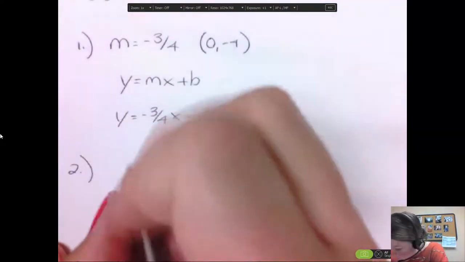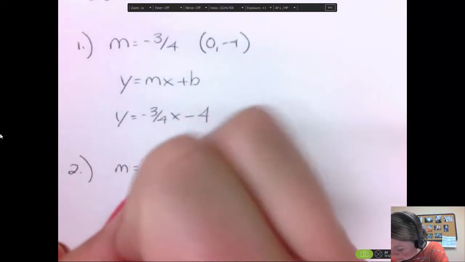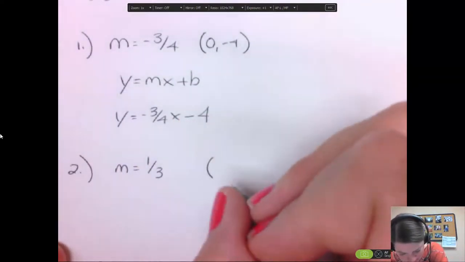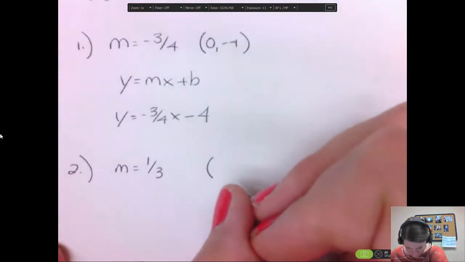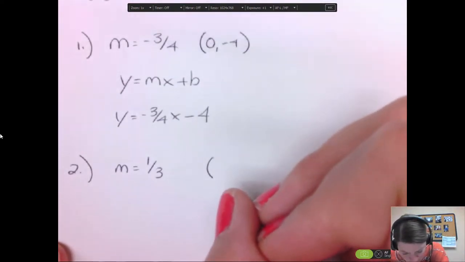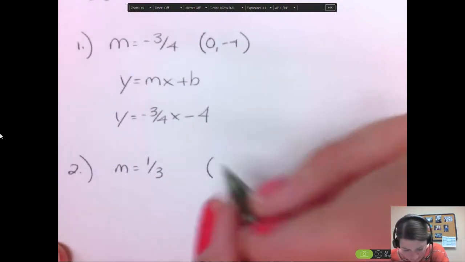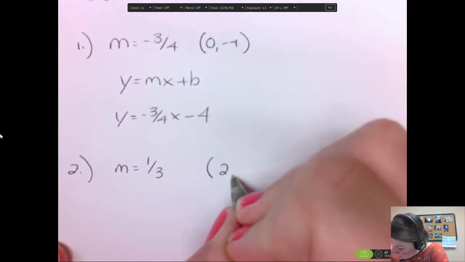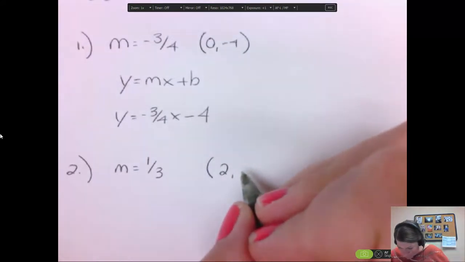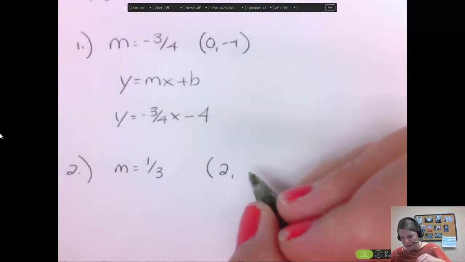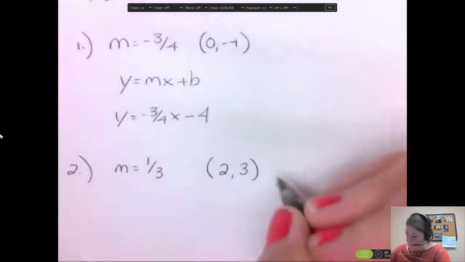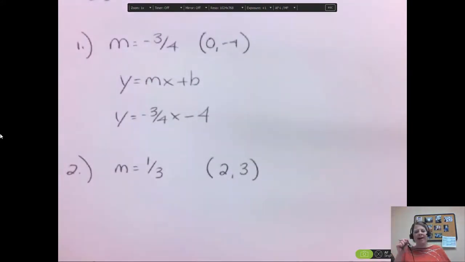What if I'm told, okay, slope is 1/3, and it goes through the point 2, 3. Well, that's all right. It's got fractions. We'll deal. So what if I have that information?